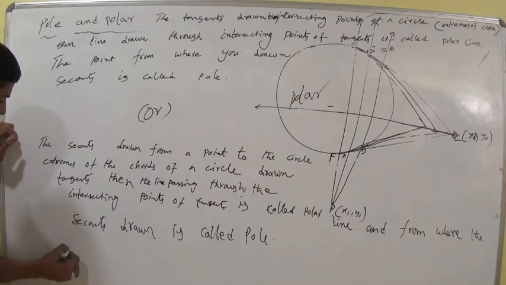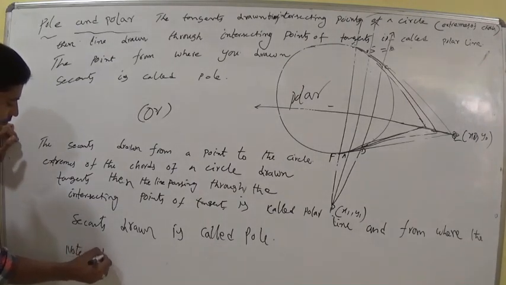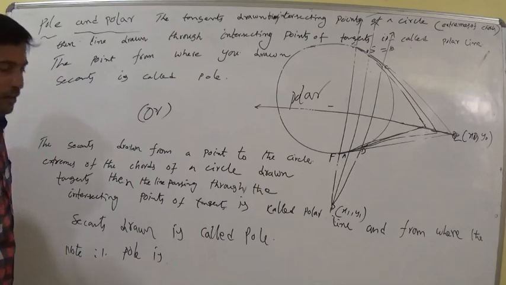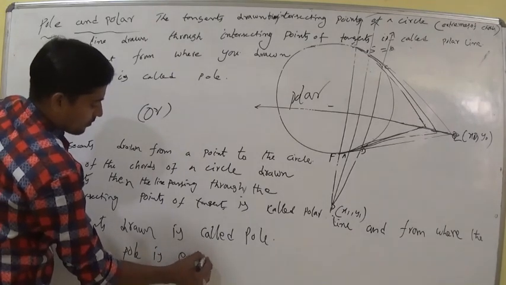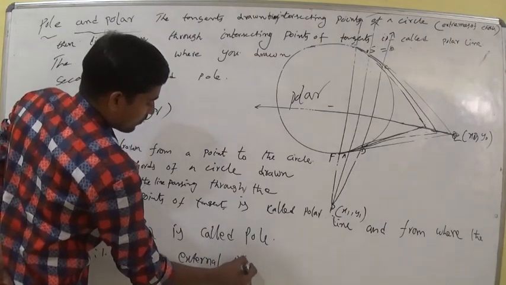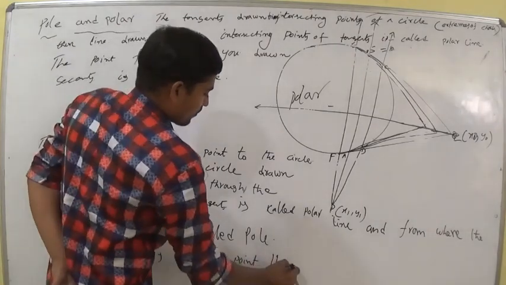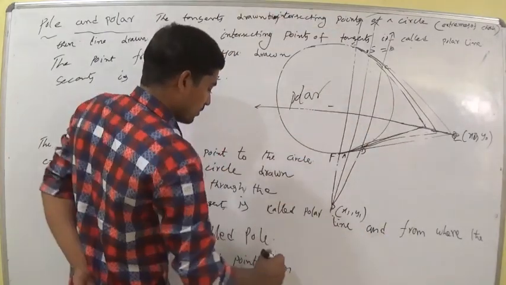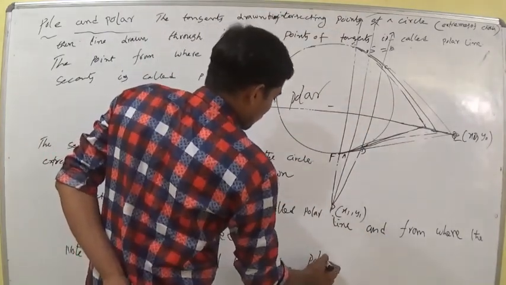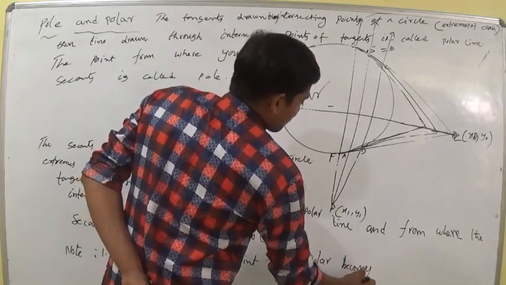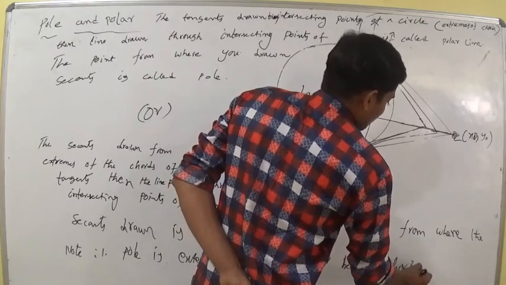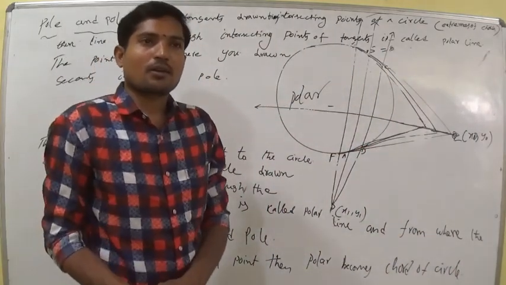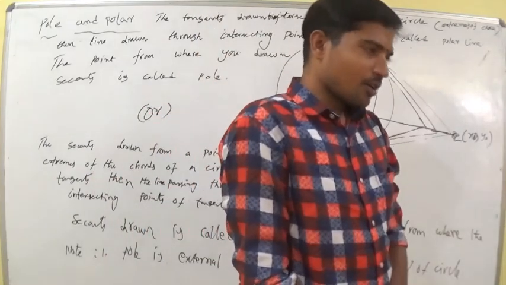Note 1: pole is an external point, then polar becomes a chord of a circle. Right? Like the position of a point.